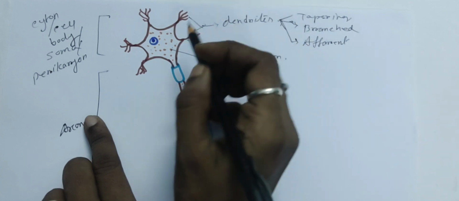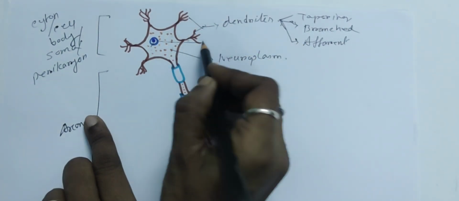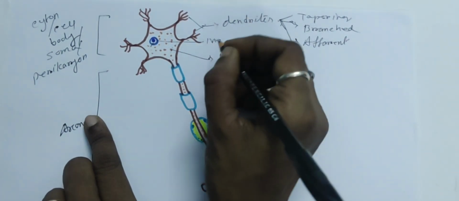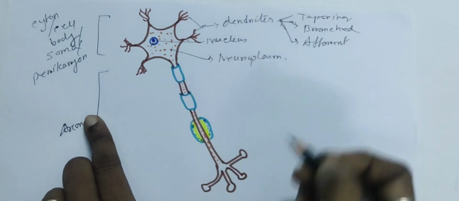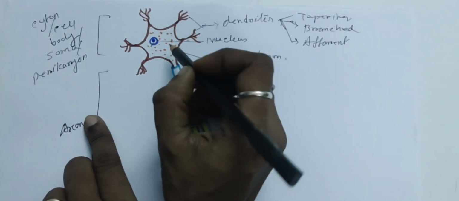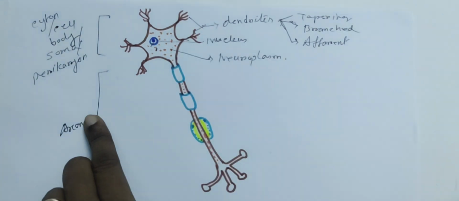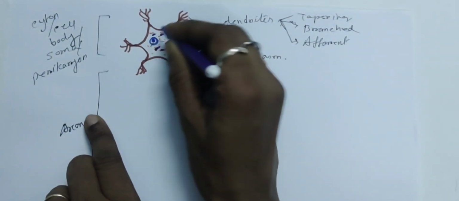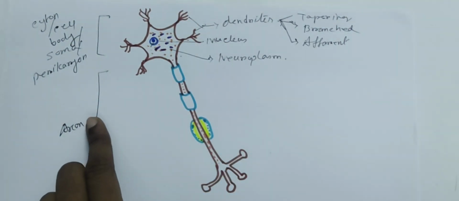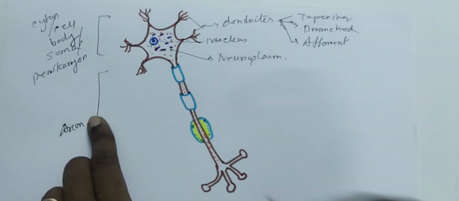It has a nucleus, and it has some fibrillar structures. These fibrillar structures are called the neurofibrils.